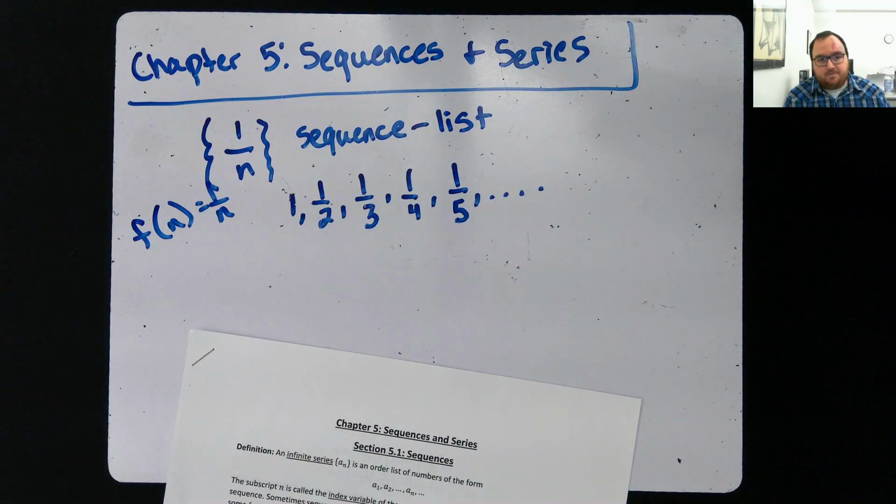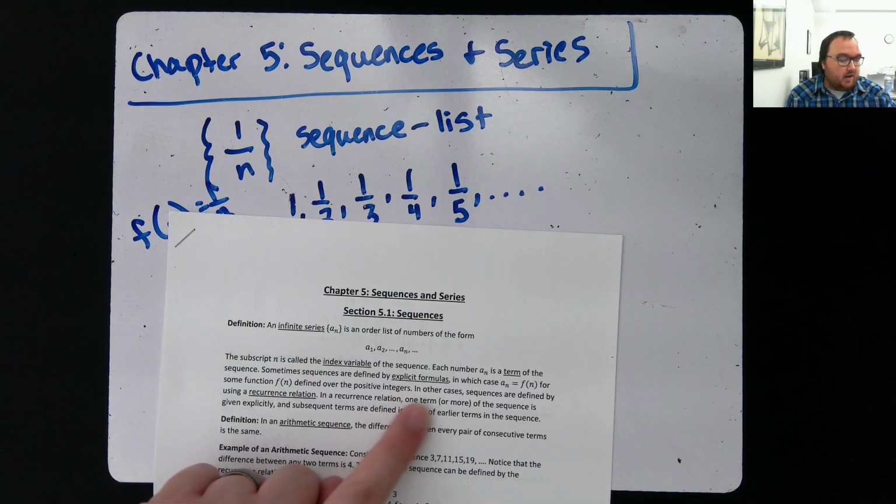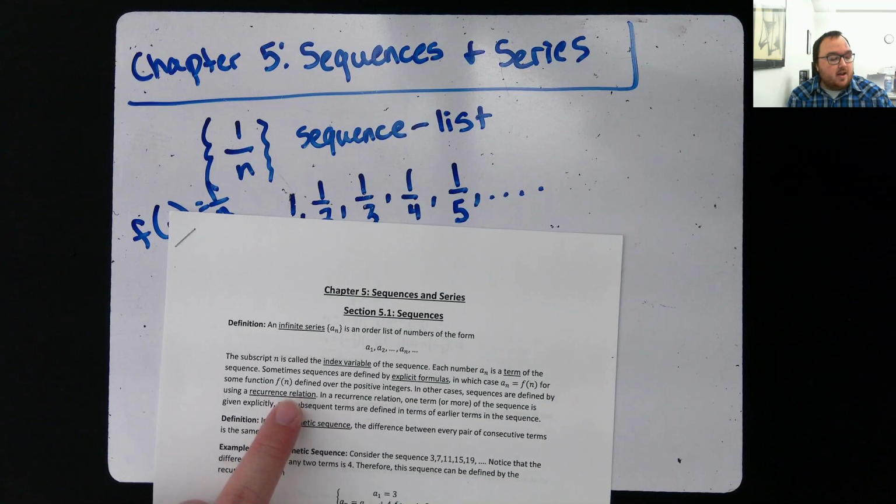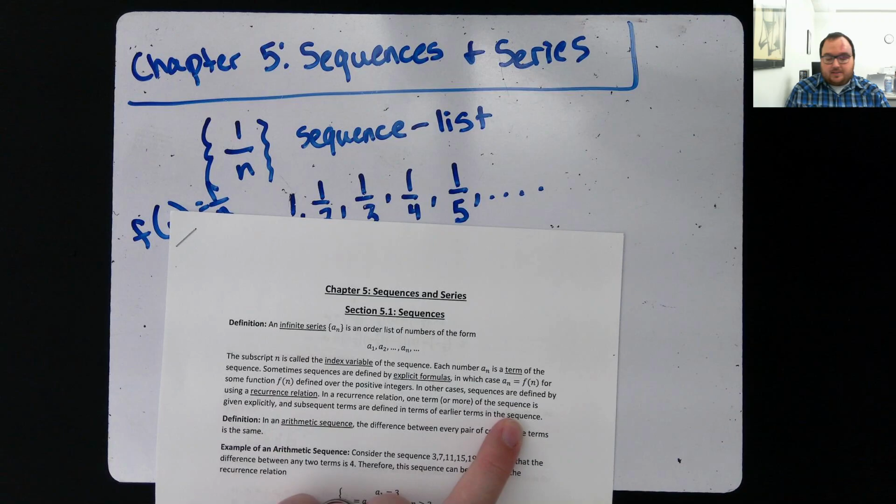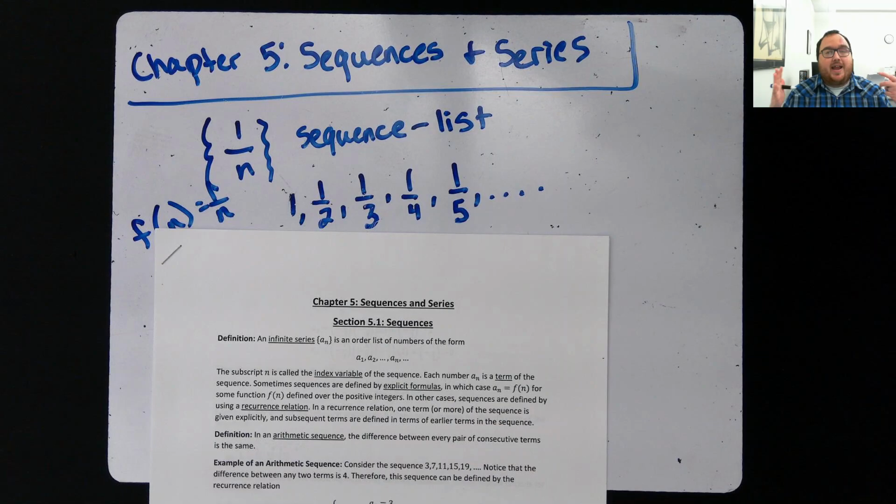So that's pretty clear. But sometimes, in other cases, sequences are defined by using a recurrence relation. In these, one term, or maybe more, of the sequence is explicitly given, and then every other term is written in terms of the previous term.